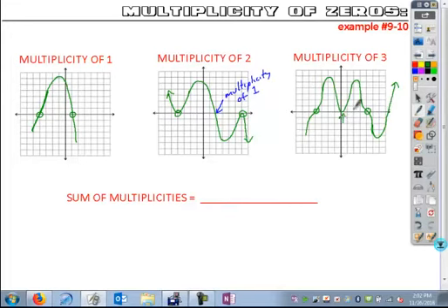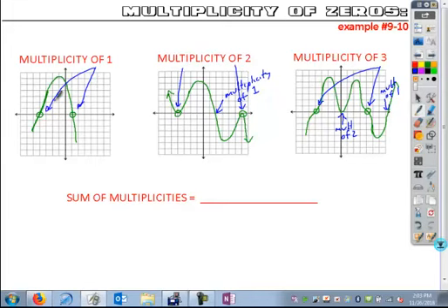So again, this right here would be a multiplicity of 2. This would be a multiplicity of 1. And then each of these are multiplicities of 3. Like I said, each of these is a multiplicity of 2. And each of these is going to be a multiplicity of 1.